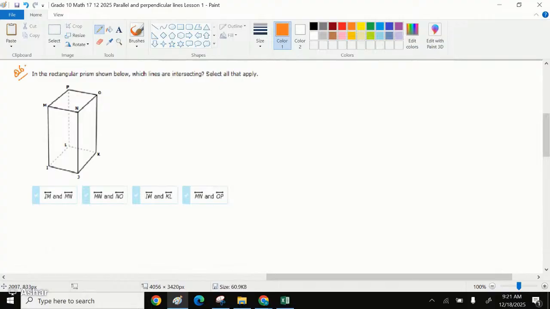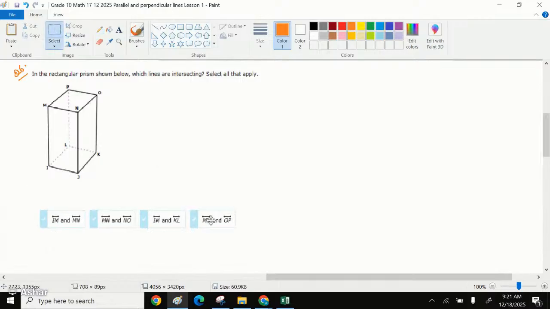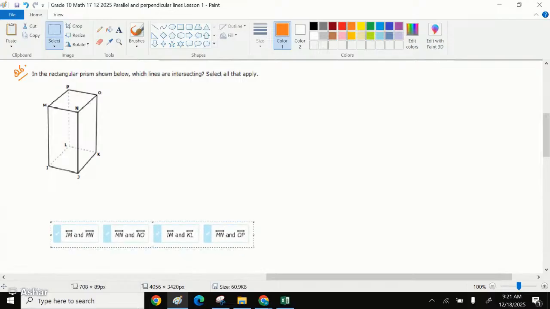And we look at all the 4 options that we need to find. Let's copy the diagram. In this question, we need to see which lines are intersecting. We need to find intersecting lines. That means we do not want the parallel, nor do we want the skew. We want the intersecting lines. Okay.